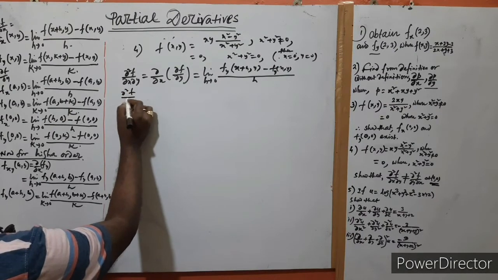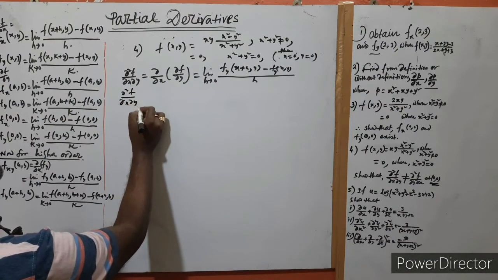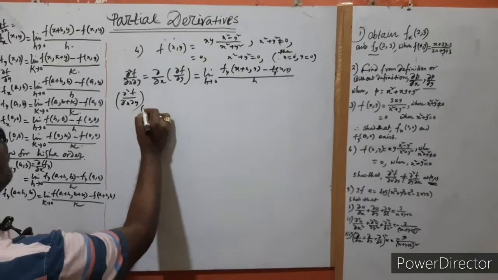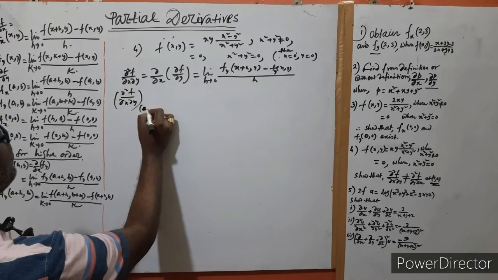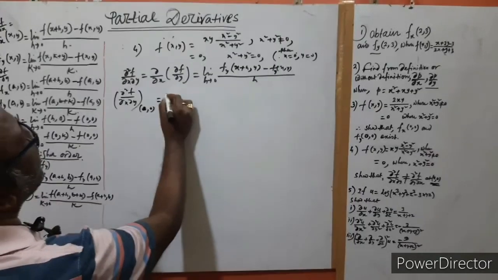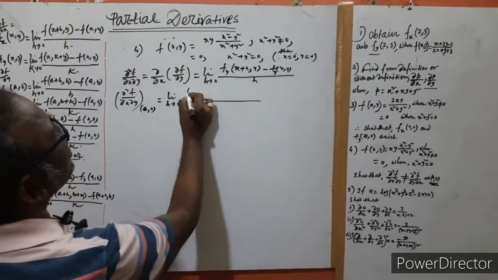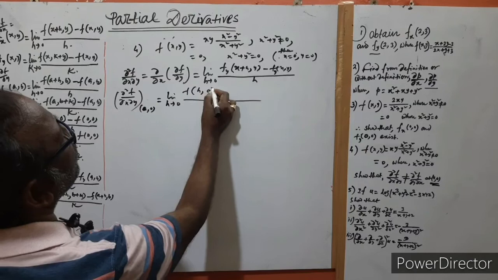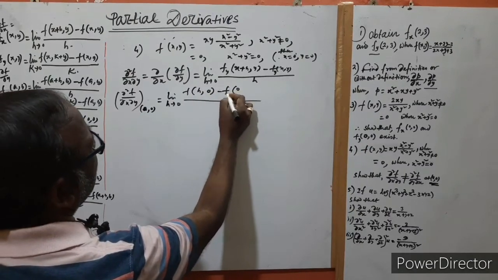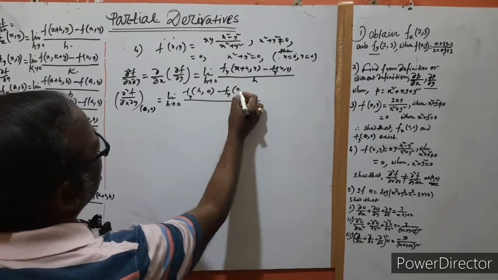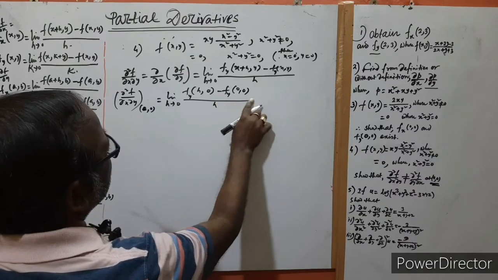Therefore del 2f del x del y at (0, 0) is equal to limit h tends to 0, f suffix y of (h, 0) minus f suffix y of (0, 0) by h.